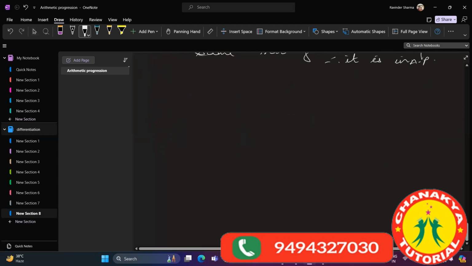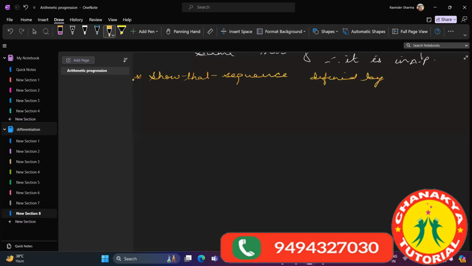See, suppose questions come like this: show that the sequence defined by the nth term a_n equal to 4n plus 5 is an AP.